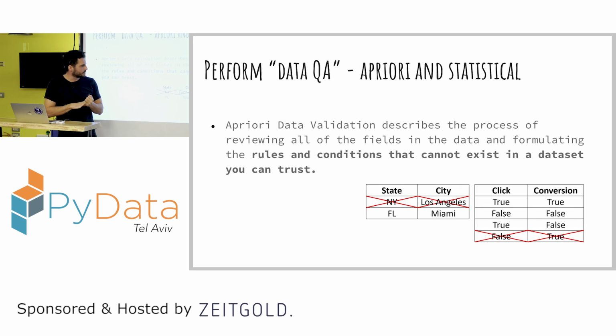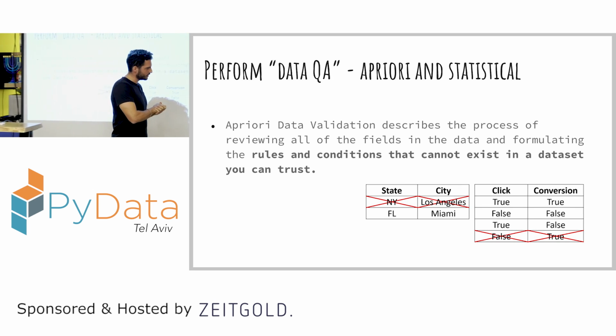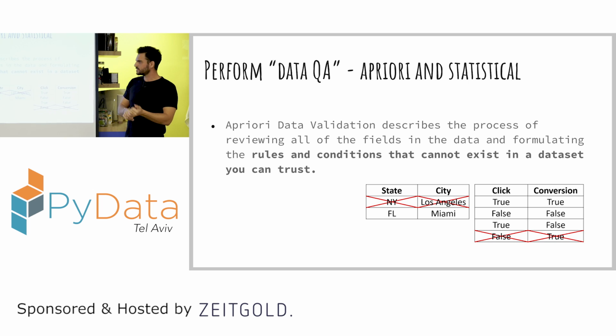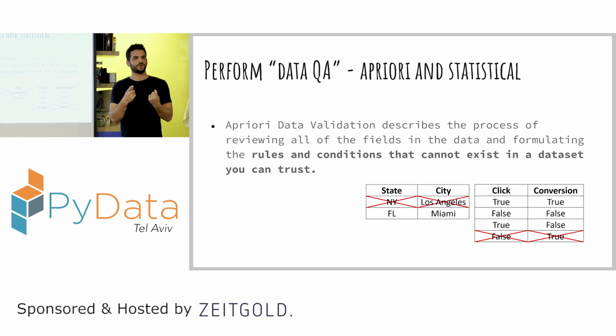Let's talk a little bit about data QA, a topic that's too often overlooked. By saying garbage in, garbage out, this is basically what I mean. This is like a drill down. Many times you see things in data sets that cannot exist, right? I gave an example here where the state is New York and the city is Los Angeles. This doesn't make any sense. This data point is corrupt.